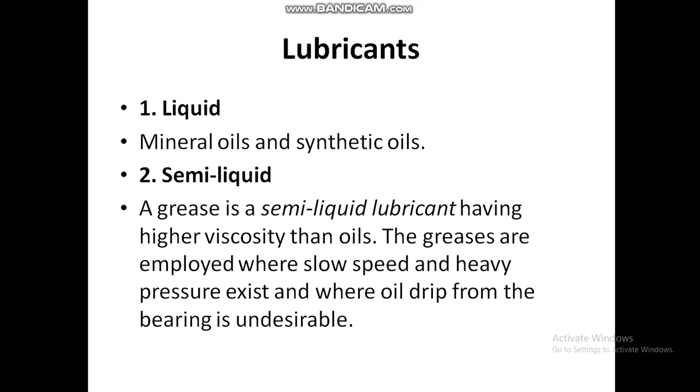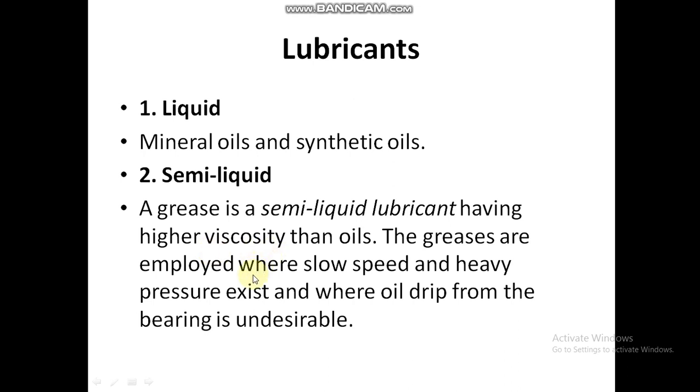So the first type is the liquid type lubricants. In this category, you can use mineral oils and synthetic oils. Second category is semi-liquid, in which you can use grease as a semi-liquid lubricant having higher viscosity than oils.